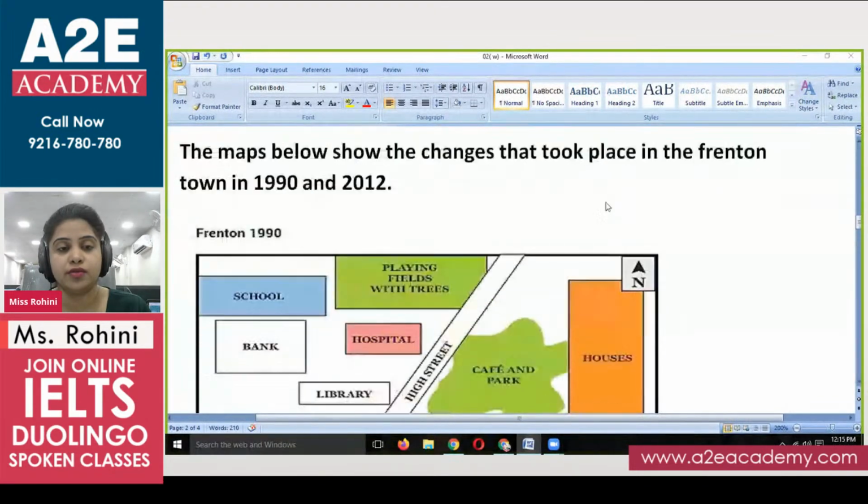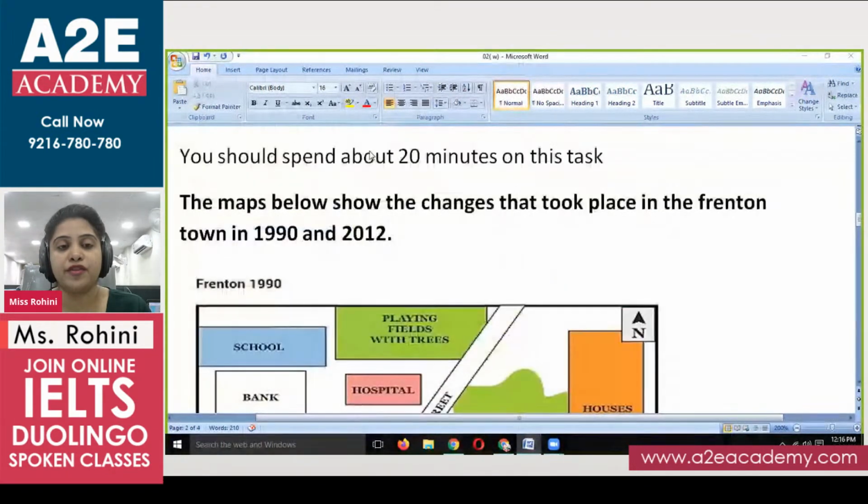Okay. All right. This is the paraphrased statement where she said the rendered maps. Now, rendered means provided or given. The rendered maps illustrate. Now, we have used s behind maps because it's plural. There are two maps, so that's why we are not adding s behind illustrate.